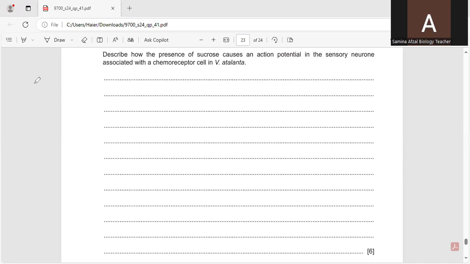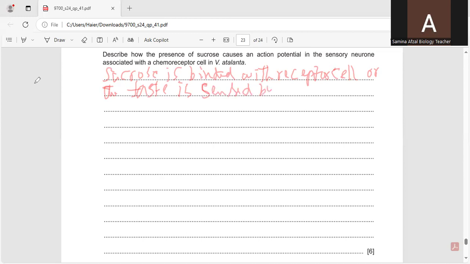So, what happens is that when sucrose is bound to the receptor cells, the taste is sensed by taste buds.